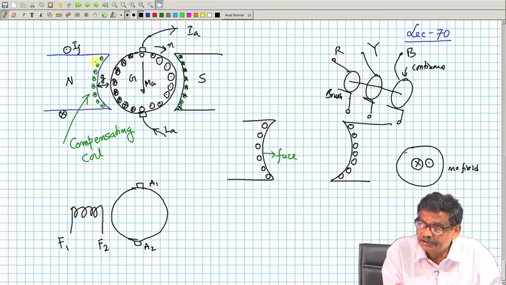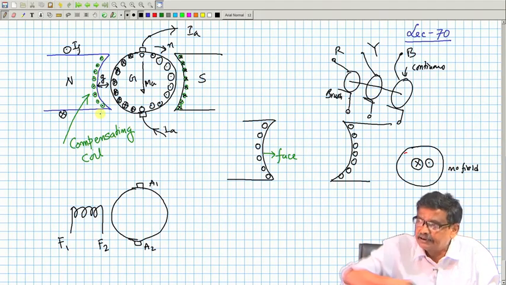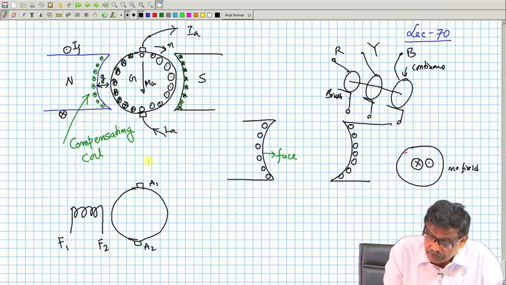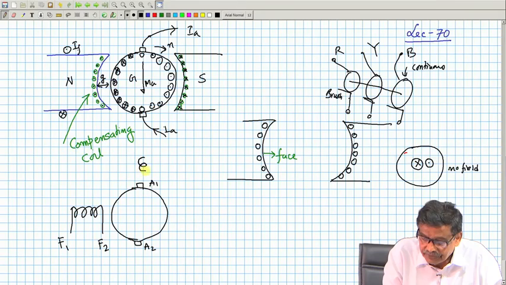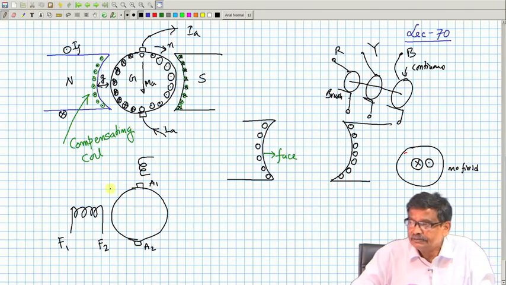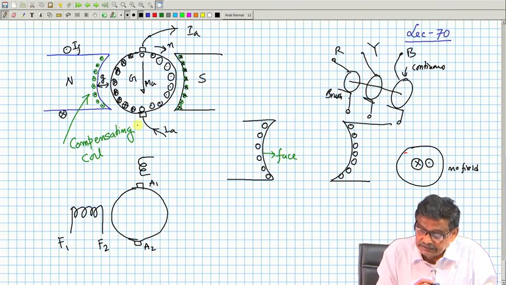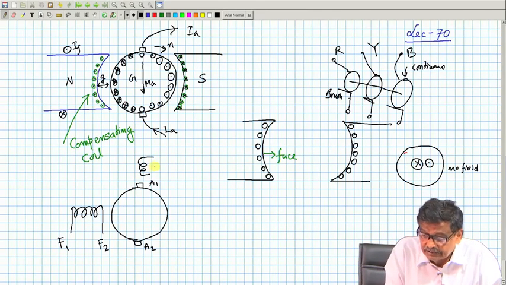Cross, coil comes here, another turns, and this runs on the stator structure, through that you make this winding. Therefore, compensating coil can be shown like this. Its magnetic axis is along the quadrature axis, so this is compensating coil.